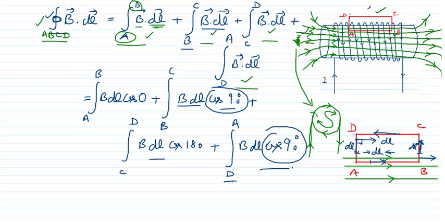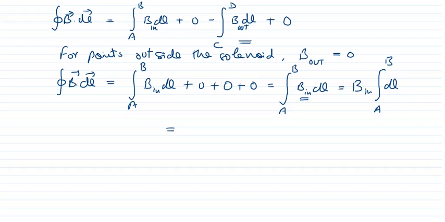So the length of this loop is L, because there is no need to consider the breadth, as it will not contribute anything, because there the integral of the magnetic field becomes 0.